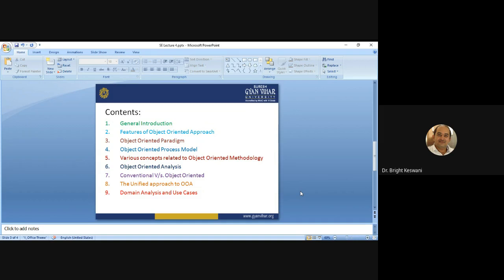So basically UML is like a DFD, and it represents five types of views, as I elaborated. So this is all about the unified approach of OA. It is sufficient.